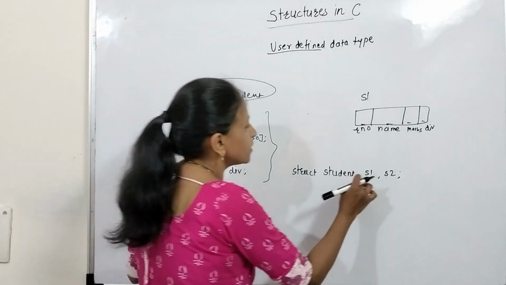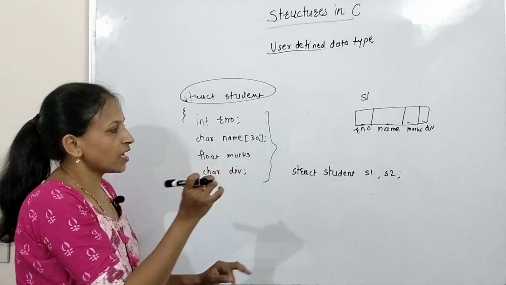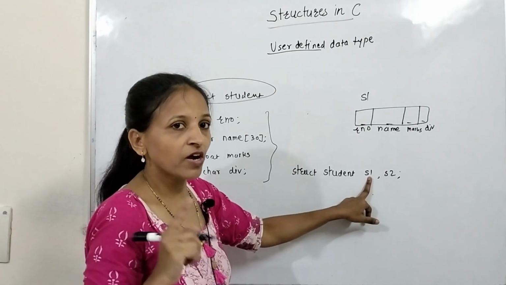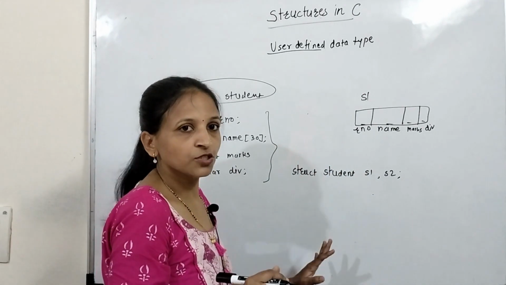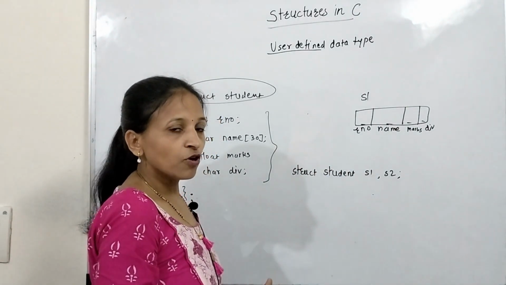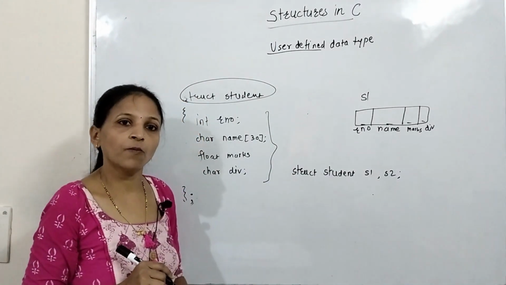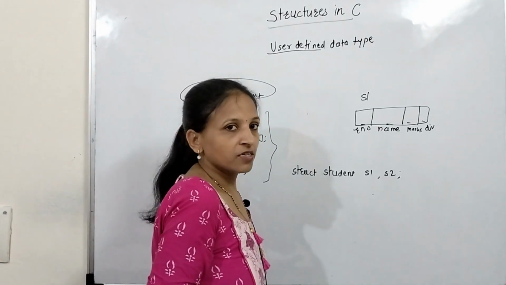Now see, after creation of a variable, suppose I want to access any particular data about that S1 student, like I want to store one value for roll number for that first student, that is S1 student. Then how to do that? For that we have to use one special operator, that is the dot operator, that is the structure member access operator.